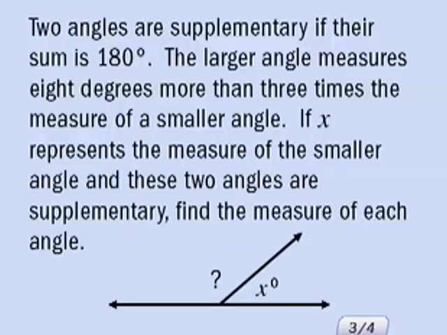Let's now solve another application. 2 angles are supplementary if their sum is 180 degrees. The larger angle measures 8 degrees more than 3 times the measure of a smaller angle. If X represents the measure of the smaller angle and these 2 angles are supplementary, find the measure of each angle.